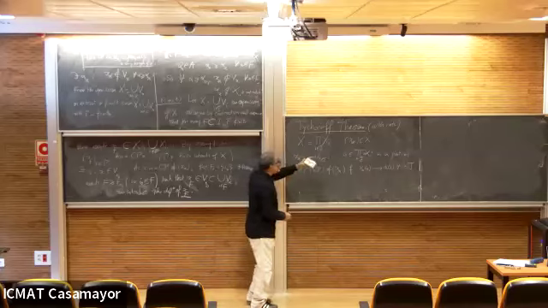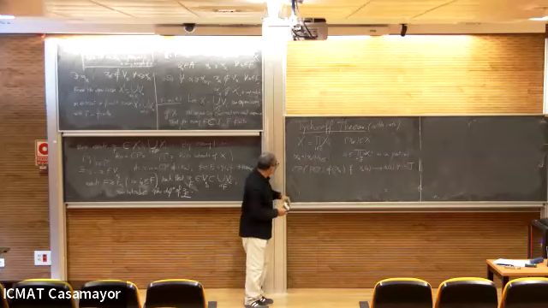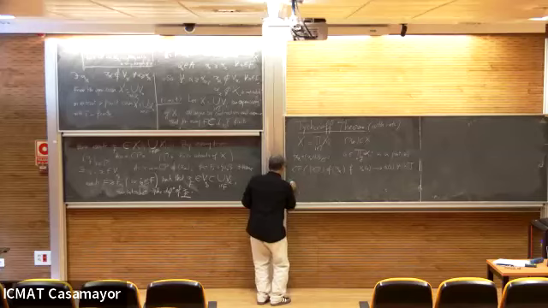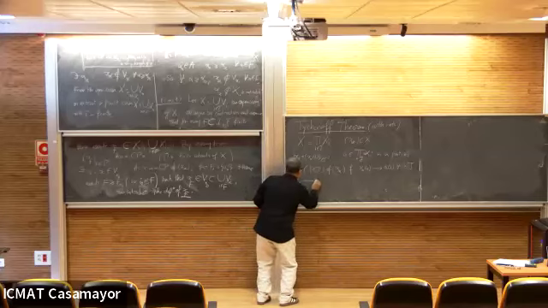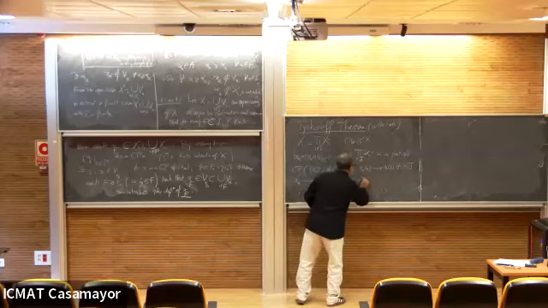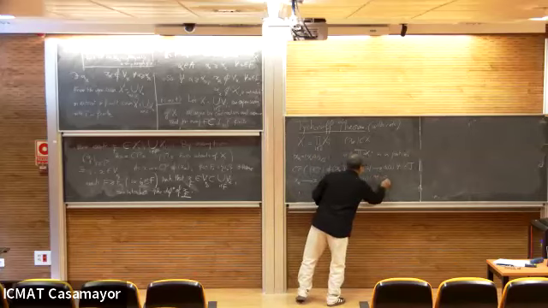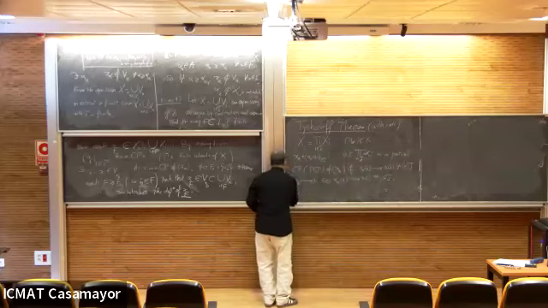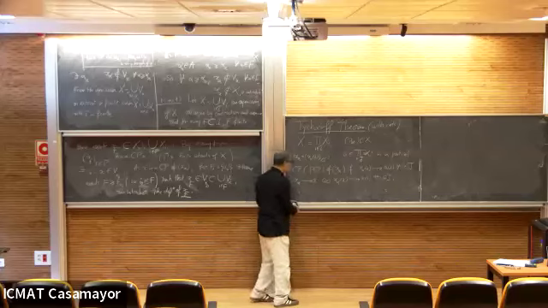I recall that x alpha converges to x if and only if x alpha of i converges to x of i for every i in I. Okay.